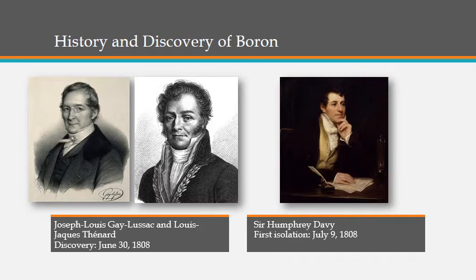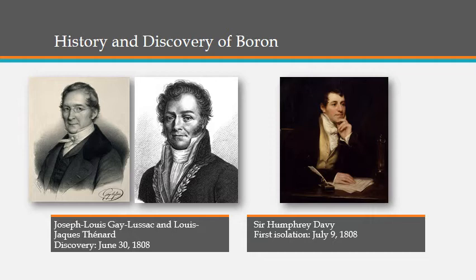So now let's look at the history revolving around boron and how this element was discovered. In the pictures on the left, you can see two French chemists, Joseph Louis Gay-Lussac and Louis Jacques Thénard. Don't mind my bad French. These two French chemists discovered boron on June 30th, 1808.